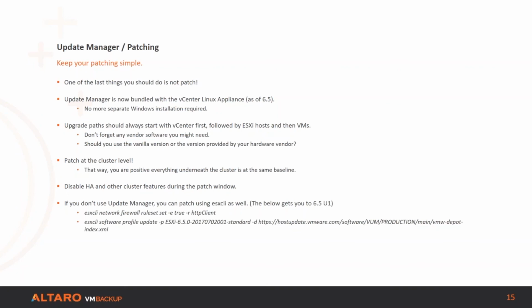How the syntax works on that command is that you're not always going to run that exact command. You'll have to figure out which profile you want to use. In that case, I'm saying ESXi 6.5.0, and then it gives you a random number.